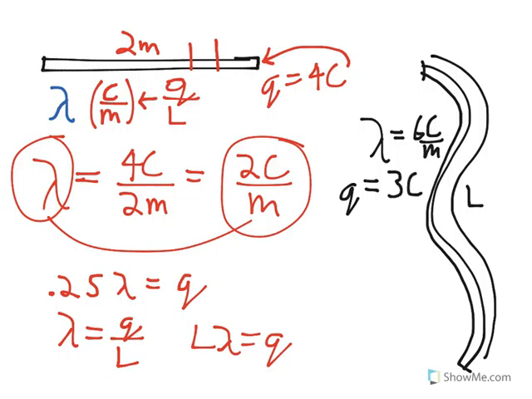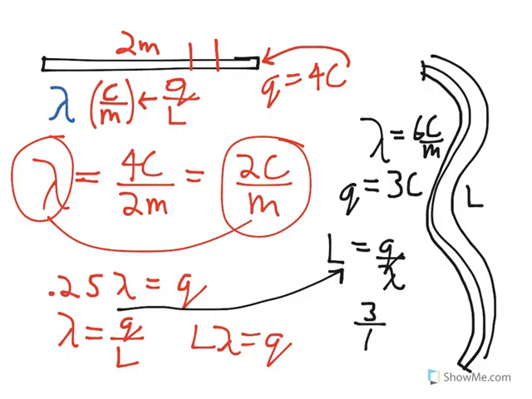So we can actually figure out the length of this wire with these variables. Rearranging the equation, you get L equals Q over lambda. That's just rearranging this, right? So the length here is simply going to be 3 divided by 6. The units are going to cancel, a meter is going to come up top, and it's actually going to be equal to 1/2 of a meter long.